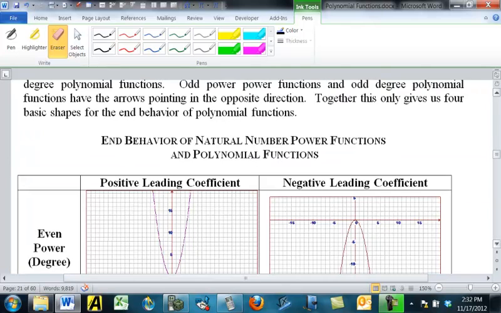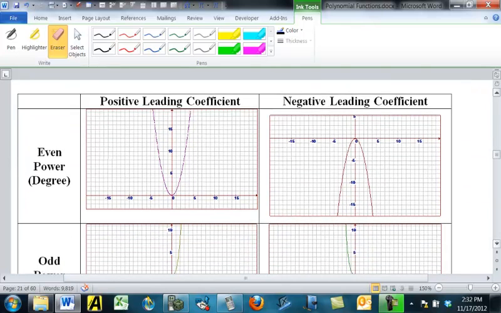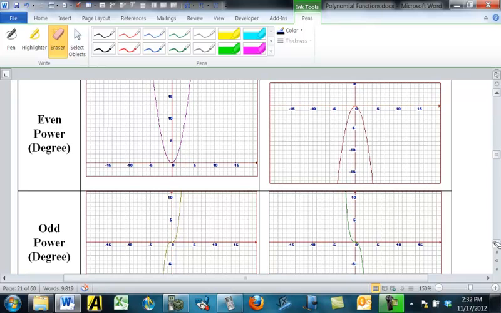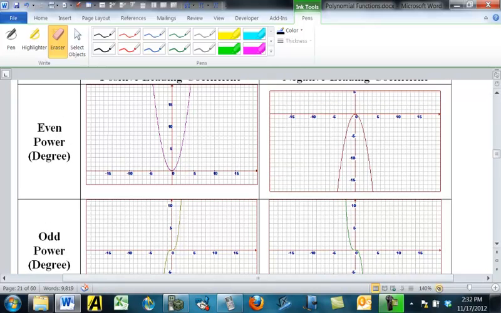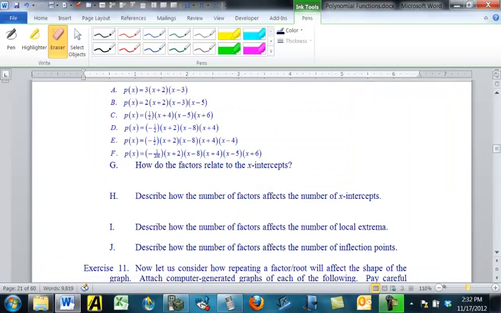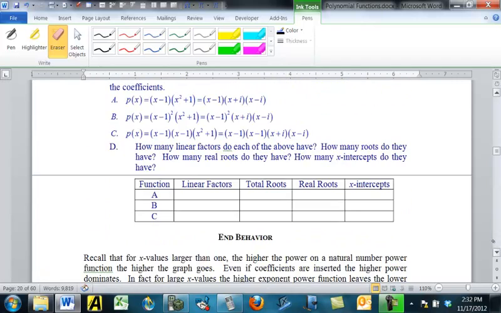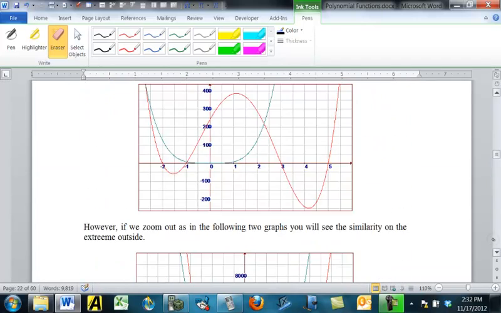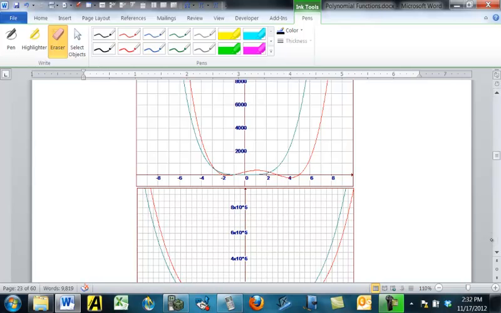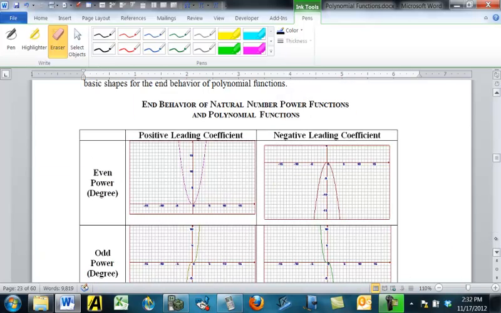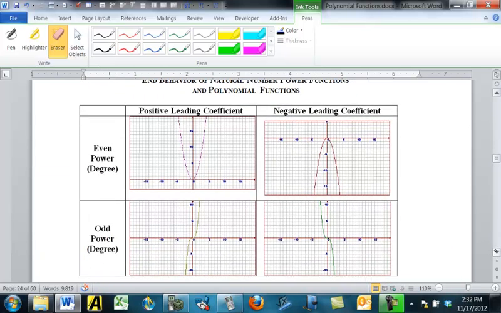So remember our basic 4 shapes for power functions. I think you can see this.